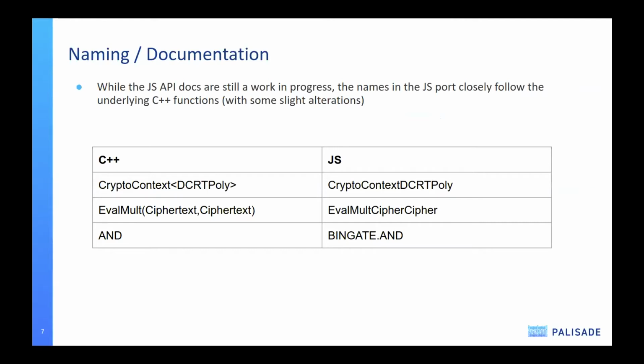For example, you could eval_mult a ciphertext and a constant, a ciphertext and a plain text, or a ciphertext and a ciphertext. So just to keep it very clear what you're doing, we have split these up into distinct methods for the JavaScript bindings. Additionally, enums are going to be in their own namespaces just due to the way that importing works in JavaScript.